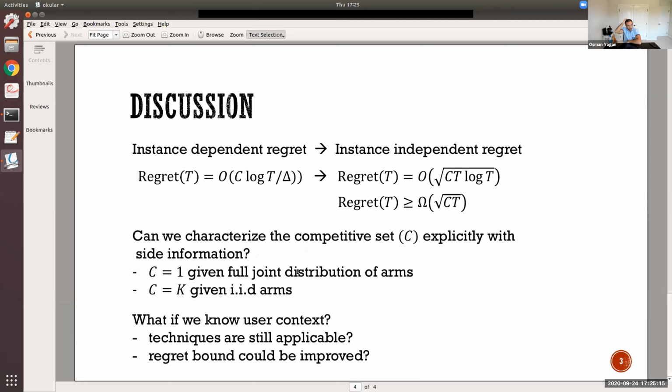Yeah. And if you know the user context, there is a huge literature on contextual bandits. But in our setting, if you know theta, then the problem is done because you assume the mean rewards are known, and you can just identify the best arm. So I'm assuming you are asking about the case where you know the context but don't know the mean reward mappings. If you search for contextual bandit algorithms, there theta is not necessarily fixed. Every user comes with their own theta, and users come one at a time.